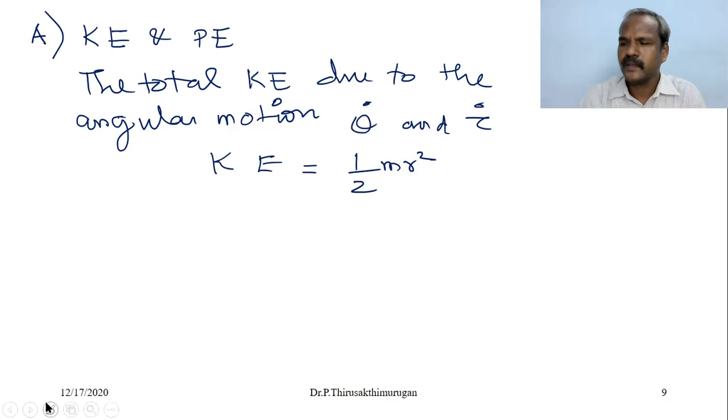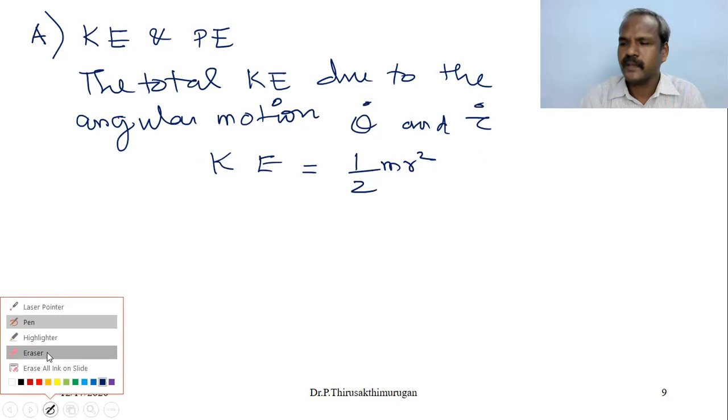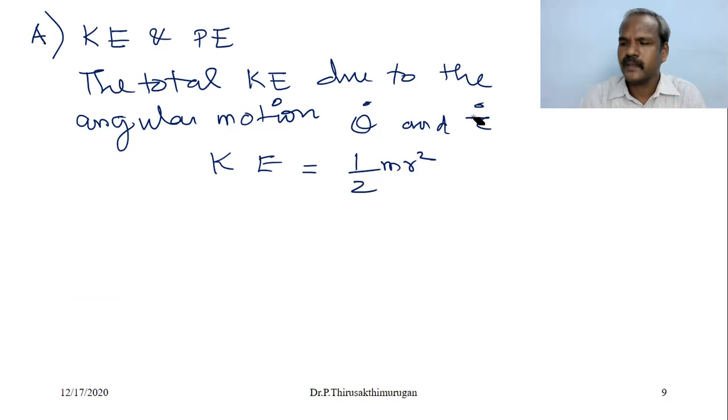Sorry, I missed that, this is not tau dot, it is theta dot and r dot. So this is the total kinetic energy.